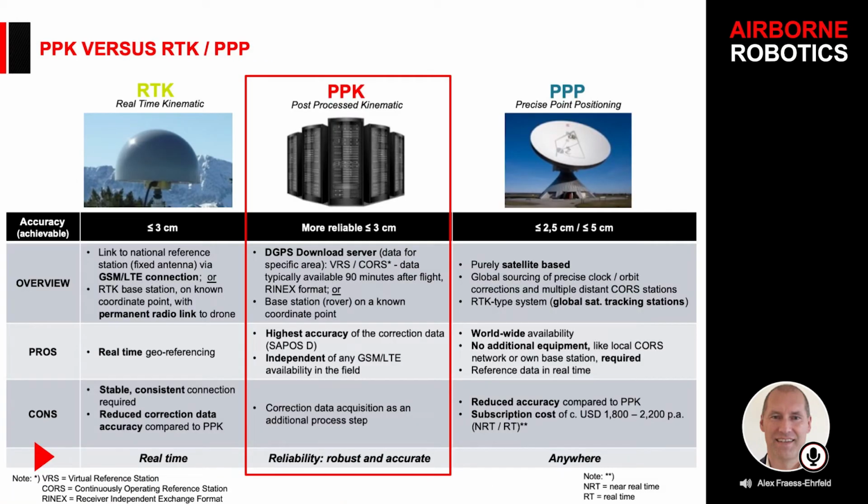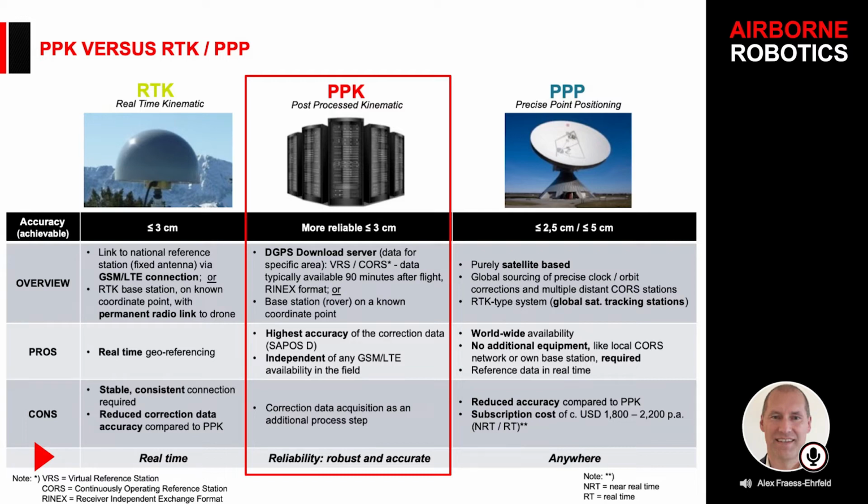So that leaves me with a few more definitions of terms. So we have said it's RTK, PPK, and PPP. RTK has the advantages in real time, but it's slightly less accurate. And as it needs to be a permanent link to the virtual reference station, it's a slightly fragile construct.